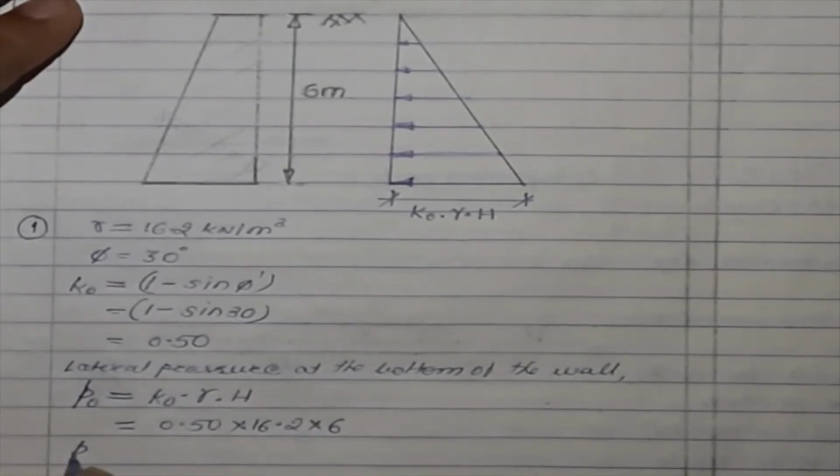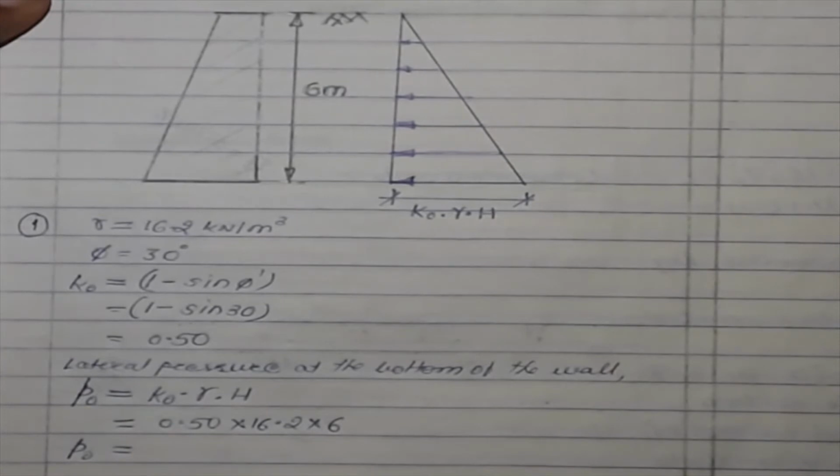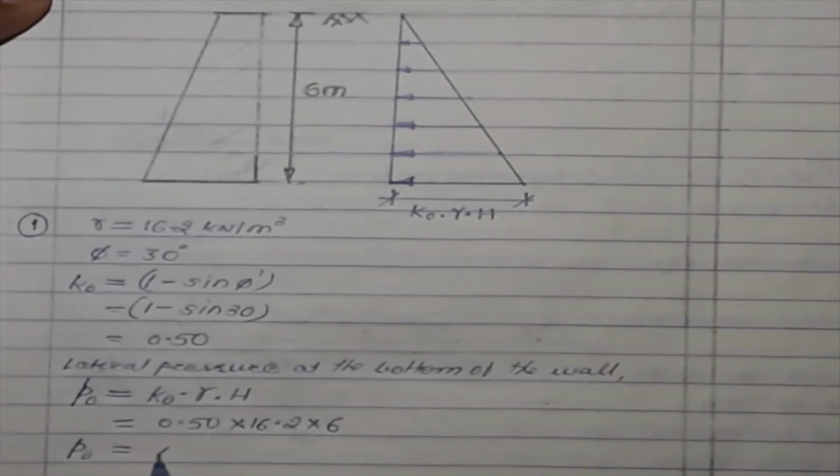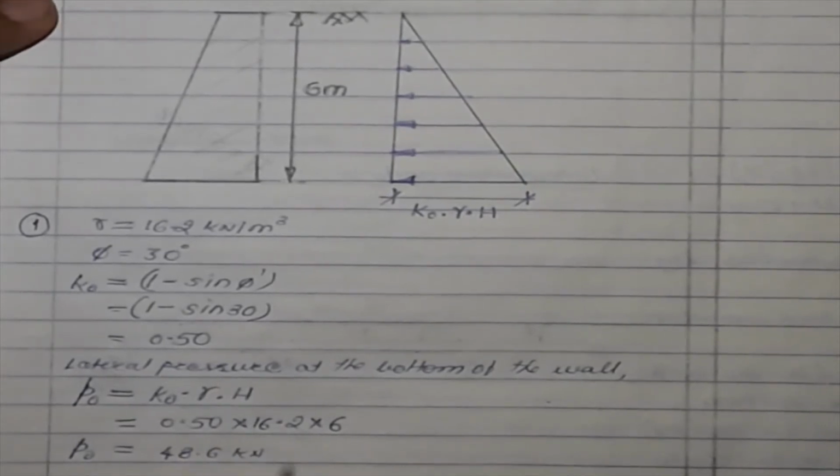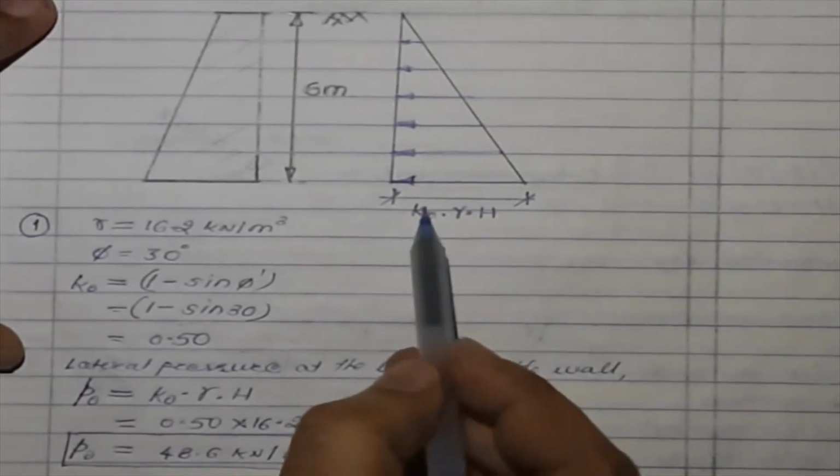So solving this, we will be getting P0. So P0 comes out to be 48.6 kilonewton per meter square. All right, so this is our pressure which is acting at the bottom here.